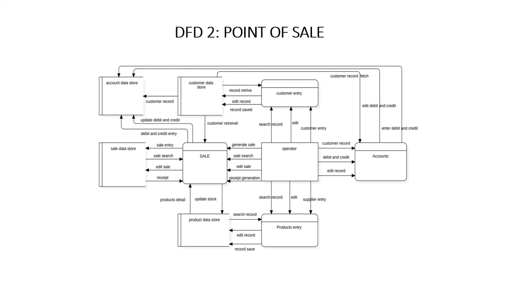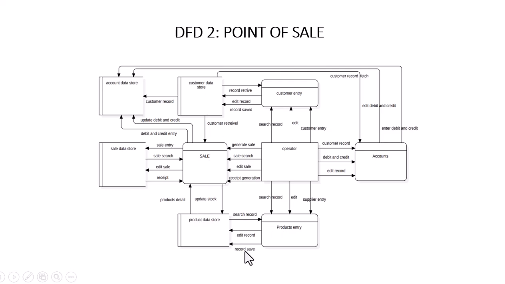Similarly, the operator edits, searches, and enters the products. When the product is entered, the product is stored in the product data store. That was the customer data store or customer table. This is the product table.